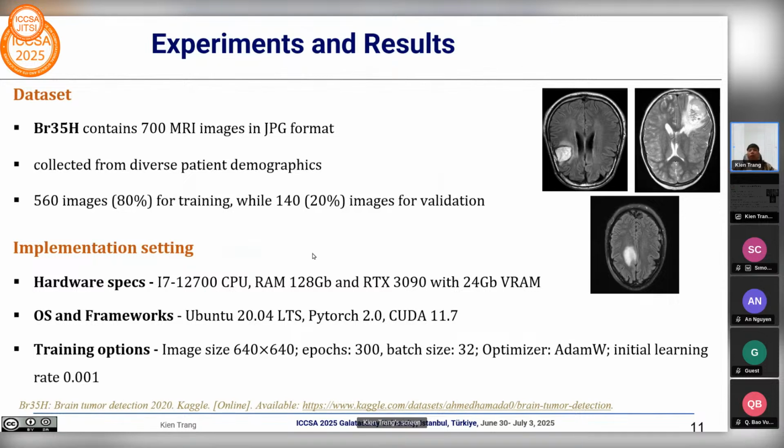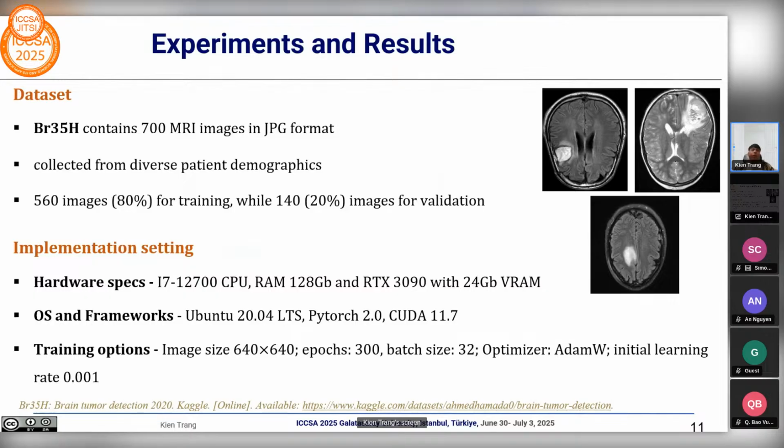That means 560 images for training and 140 for validation. For the setting, we implement on a computer with a 12th generation Core i7 and a GPU, an RTX 3090 with 24 gigabyte VRAM.